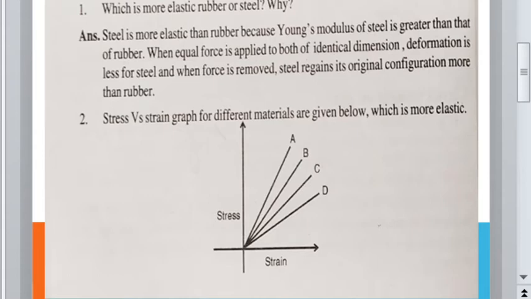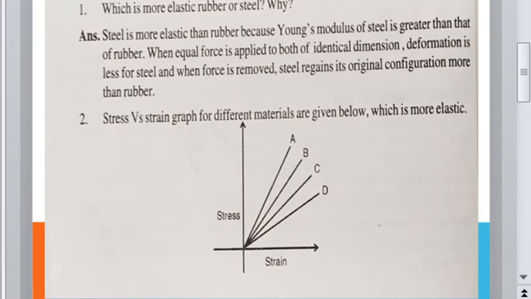We know that in the graph we have taken different materials such as A, B, C, D. Here A has more value of stress. So we have to take the slope to find out the value of Young's modulus. Slope means dy by dx. Here on the y-axis I have taken stress and on the x-axis I have taken strain.